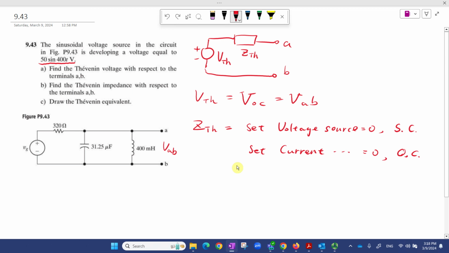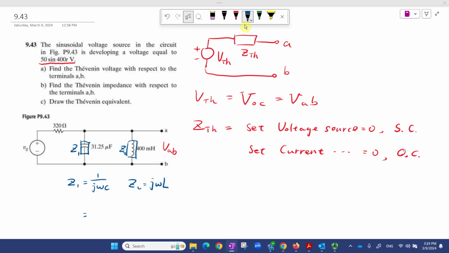So first, how can we find the VAB here? We're going to make some equivalents. We're going to call this one Z1, and this impedance Z2. For the capacitor, we learned that it's 1 over j omega C. For Z2, that is j omega L. So we plug the omega in.